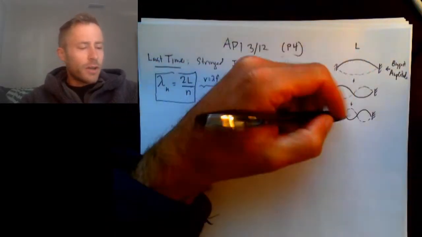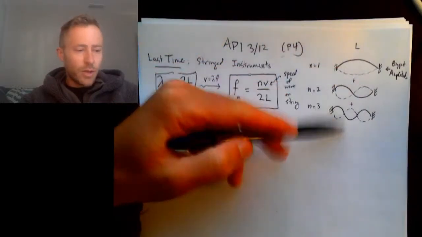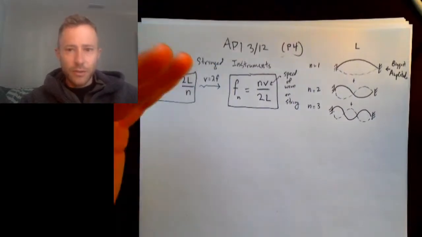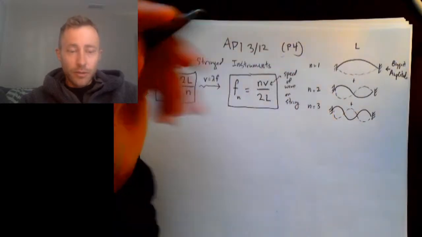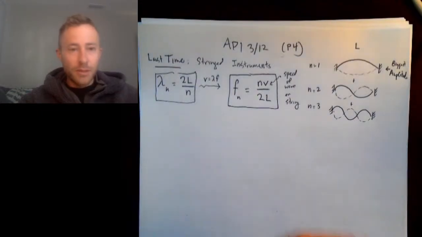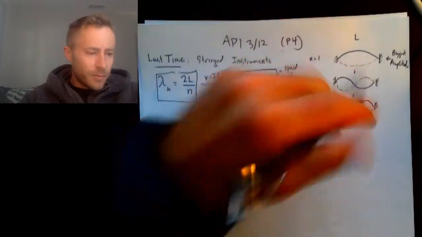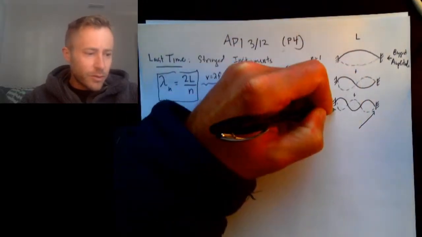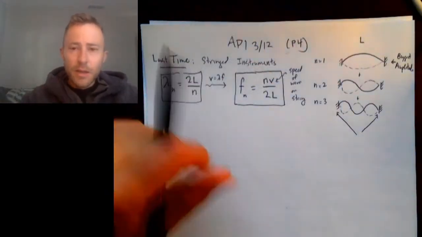When we were talking about these standing waves, I also introduced the idea of nodes and antinodes. A node is a part of a standing wave where the medium is not being displaced. The ends of a closed instrument are always nodes because the ends are pinned down.